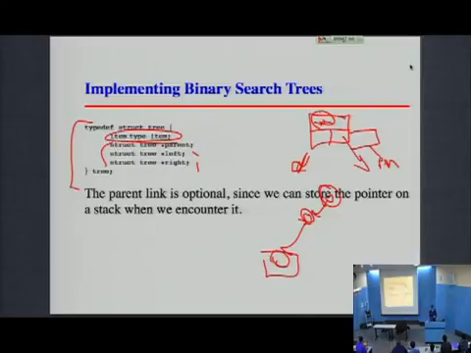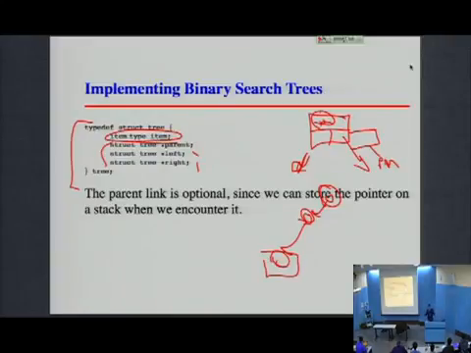I kind of like to keep an explicit parent pointer. Why? Is it going to cost me anything in the big O notation? Instead of 2 pointers, I've got 3 pointers. I do have to do some work to maintain it when I insert or delete, but it does sometimes give you powers, right?